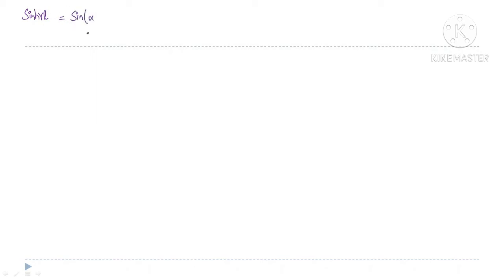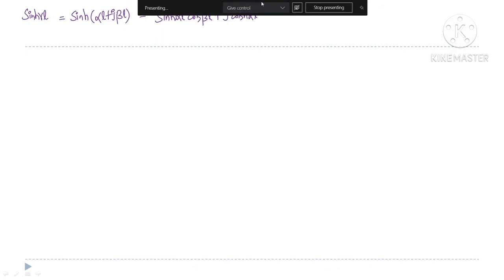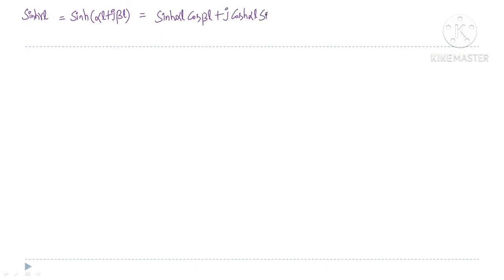Sorry, it is not sine, it is sinh. So sinh of alpha L plus j beta L, and it is equal to, if you expand this according to hyperbolic trigonometry, it will become sinh alpha L cos beta L plus j into cosh alpha L sin beta L.